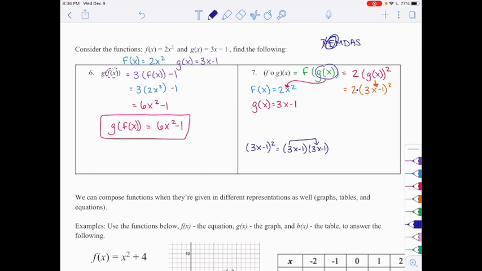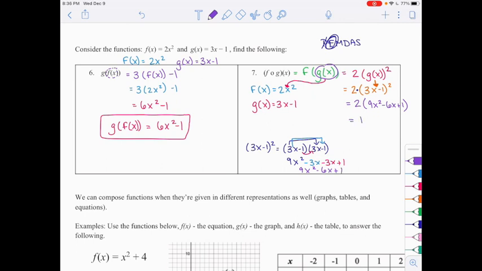So I'm going to distribute this out. This becomes 9x squared, and then I get minus 3x, and then I get another minus 3x, and then I get a plus 1. So now this has become 2 times 9x squared minus 6x plus 1 if I simplify this.